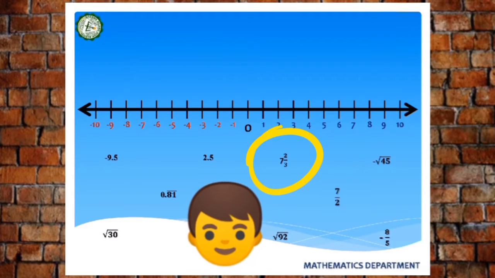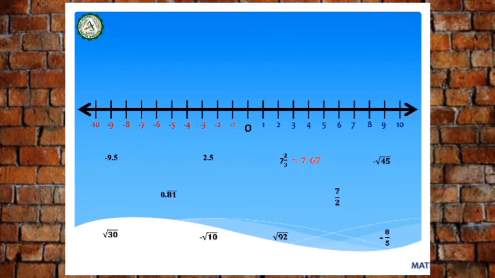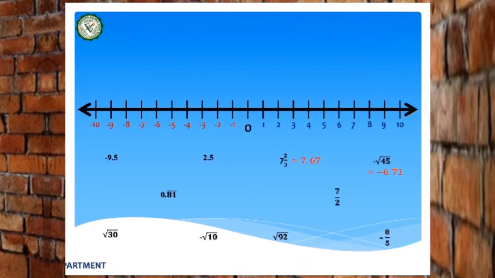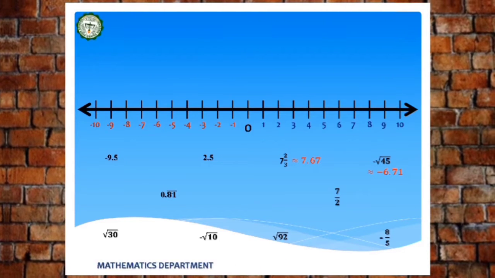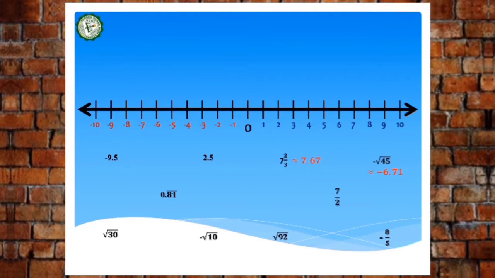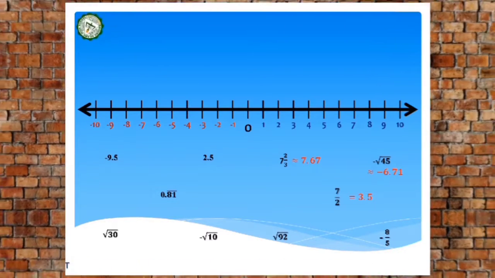Sir, it's approximately 7.67. Very good, you're correct. How about negative square root of 45? Yes, it's approximately negative 6.71. And how about 7/2? Exactly. 7/2 is equal to 3.5.